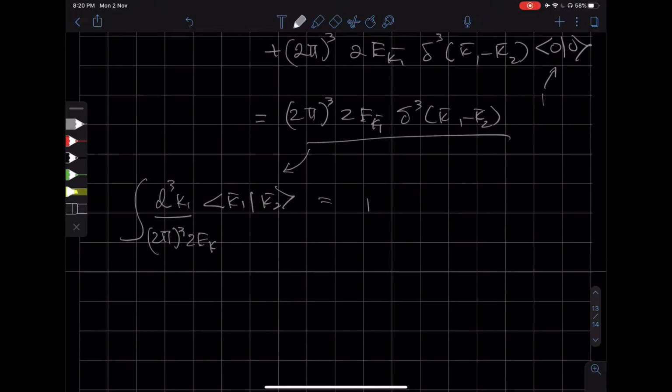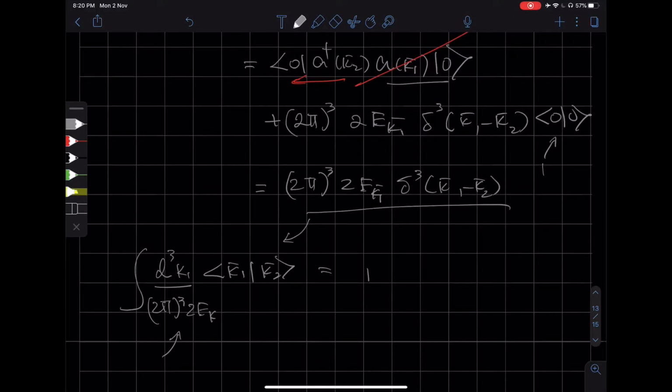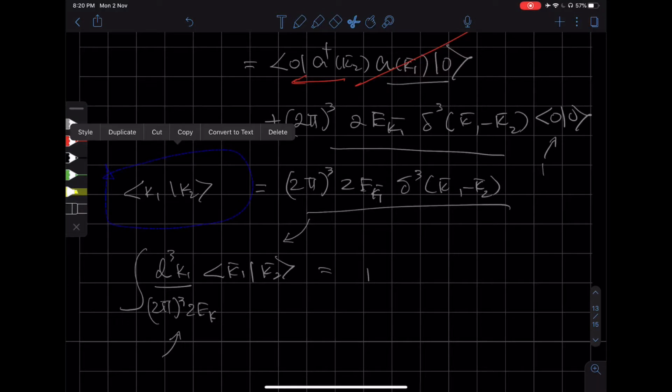So if we assume that our vacuum is normalized, the excited states are also normalized when you integrate over all of the momentum space. And this is essentially the orthonormality condition of the particle states.